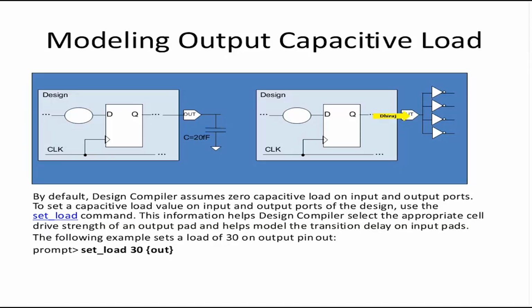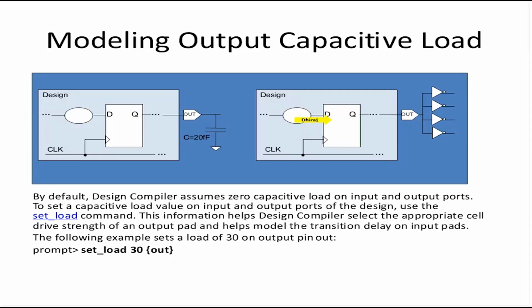However, let's say when you go to the backend, or somebody else uses your design and connects, let's say, 4 inverters here. Now this X1 will not help. The transition will be very, very bad because it will not be able to drive this much load. So it is good to estimate that and apply the estimated value as set_load, so that DC will maybe upsize it to either X2 or X4.